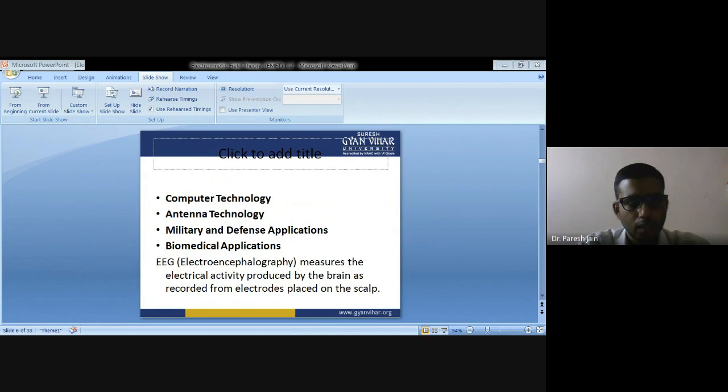The next example is antenna technology. An antenna is a device which transmits the electromagnetic waves, and it also works as a receiver and receives the electromagnetic waves.